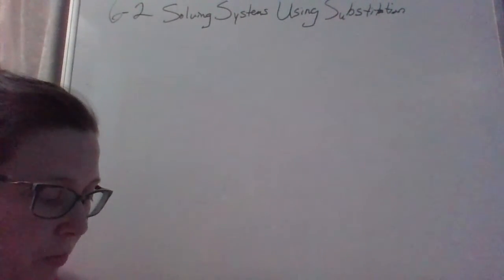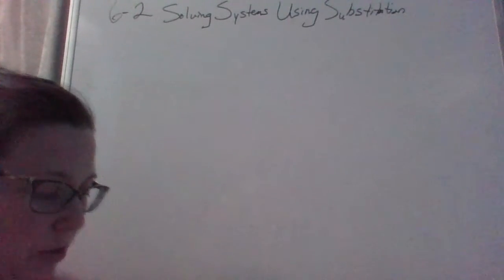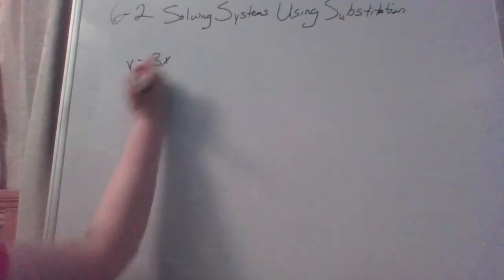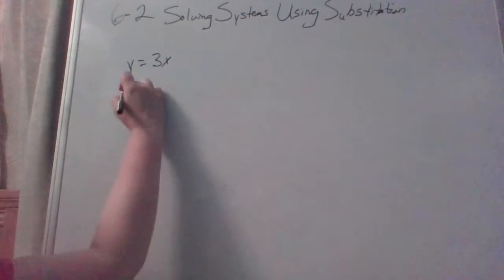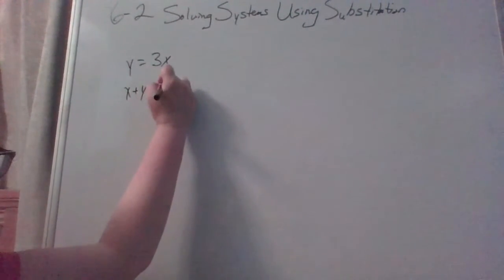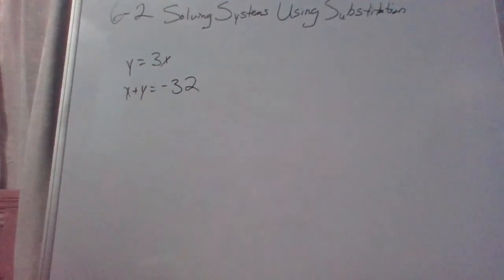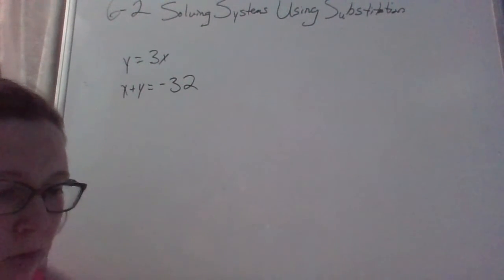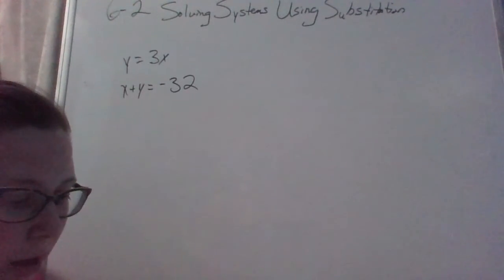Alright, so problem 1, we are given 2 equations, y equals 3x and x plus y equals negative 32. When we are given these 2 equations, sometimes we look out and one of those equations is already solved for either x or y.